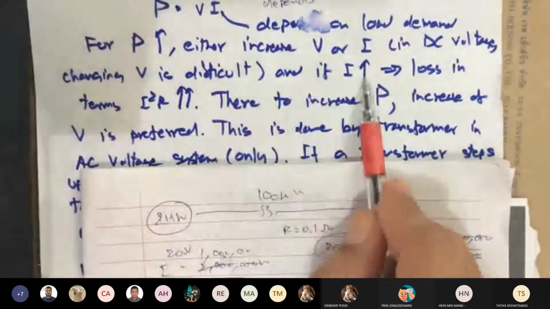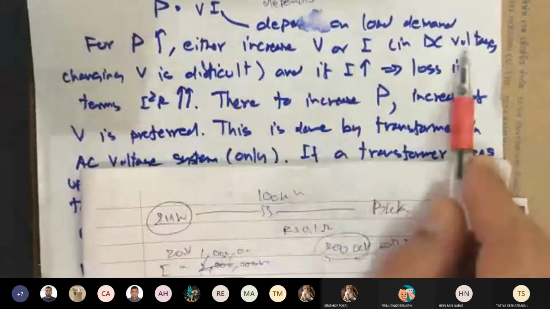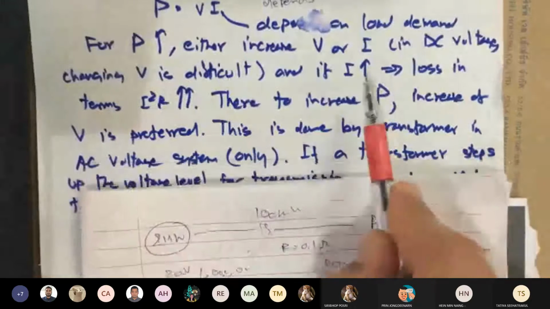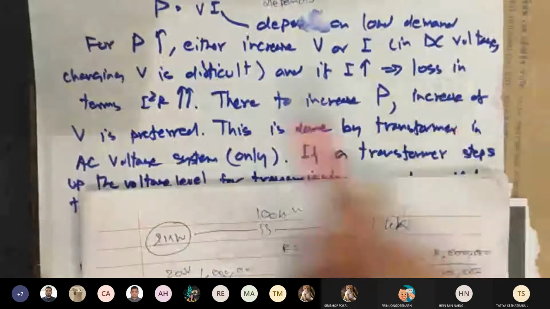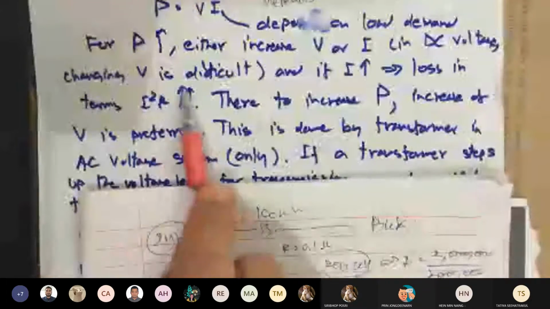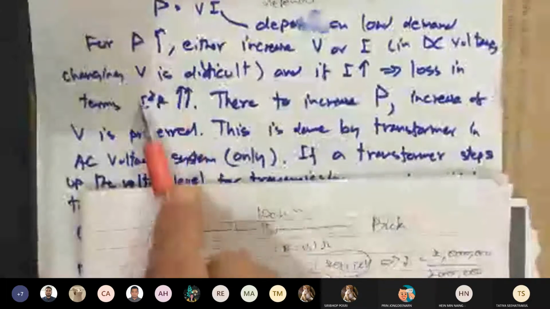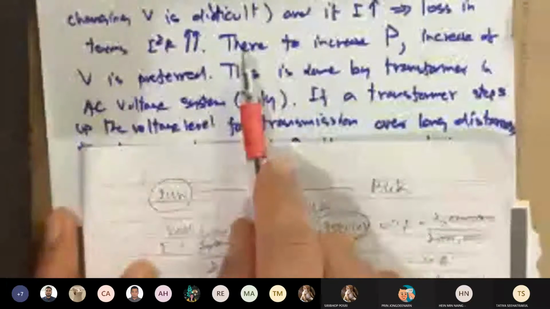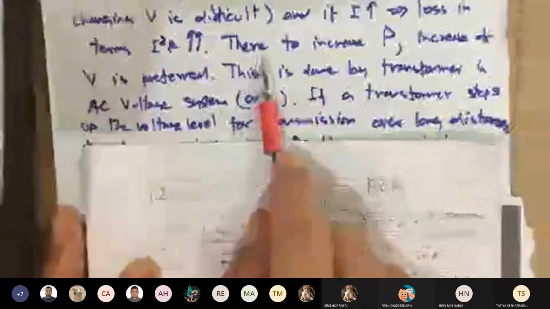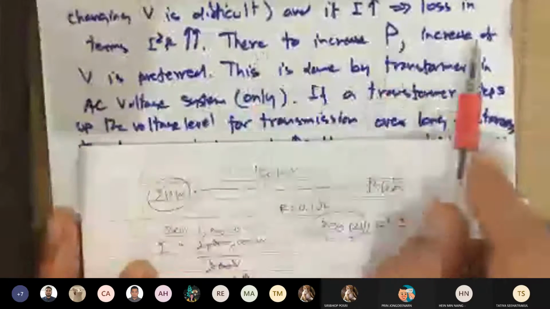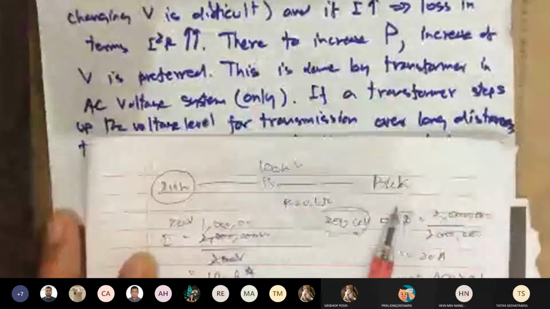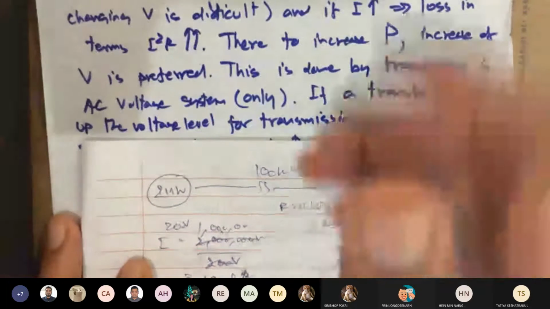So in DC you cannot change the voltage, so you must increase the current. But if you increase the current, the I squared R losses go up dramatically, not linearly, and that's going to make the system not feasible. Therefore, to increase the power, increasing the voltage is preferred.